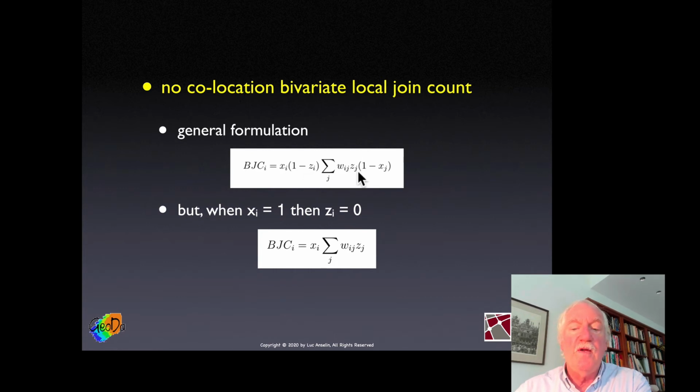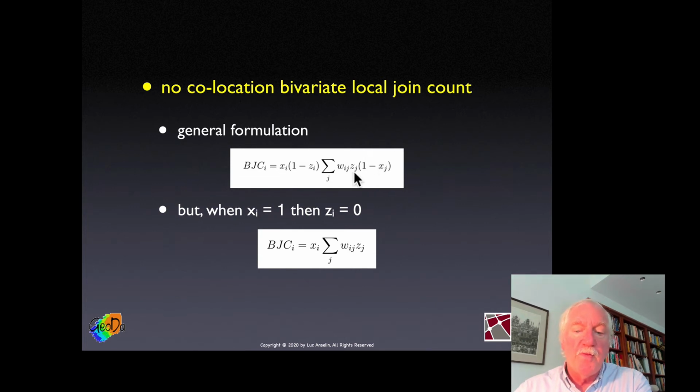And we're counting the situations where x at i is surrounded by z's at j. Because x and z cannot coexist, the only way you're going to have a z at j that is 1 is if x at j is 0.